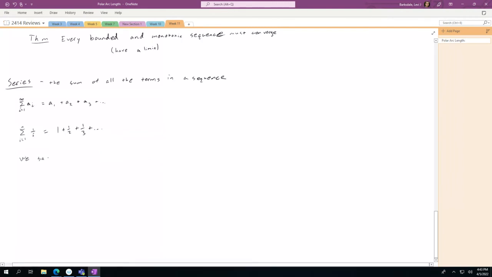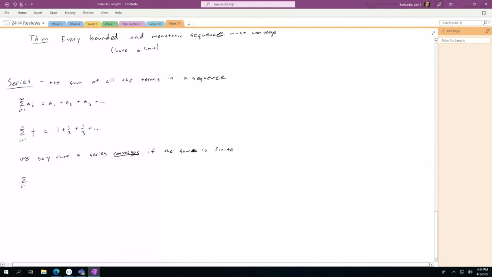So we say that a series converges if it has a finite sum. So if the sum is finite, we have a convergent series.